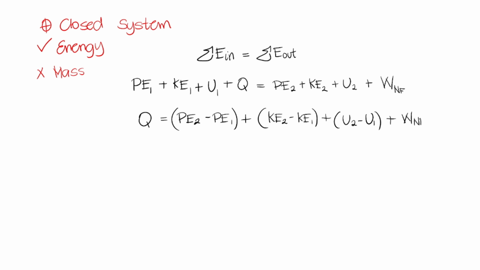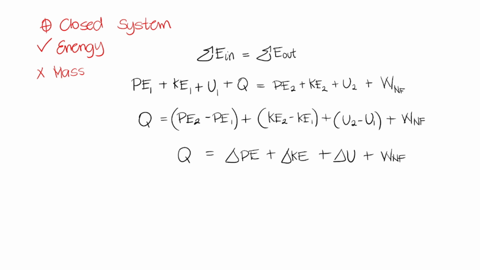And again, we know that the final minus initial state indicates change. So we can rewrite this as Q is equal to delta PE plus delta KE plus delta U plus our work non-flow.